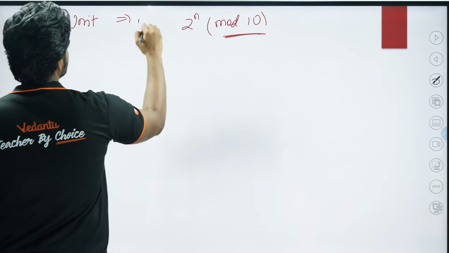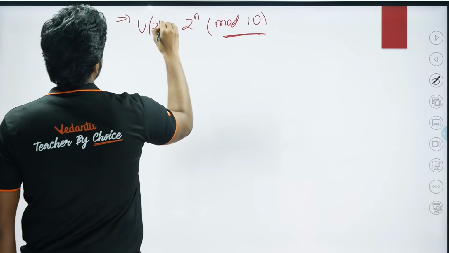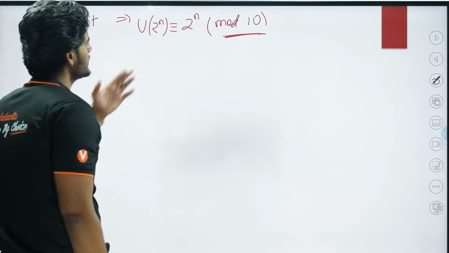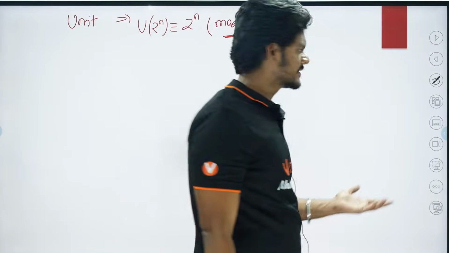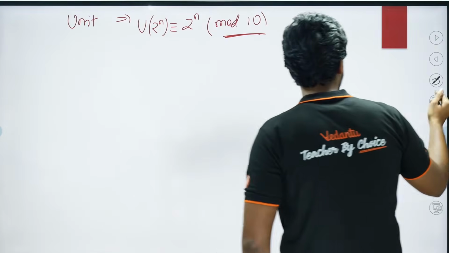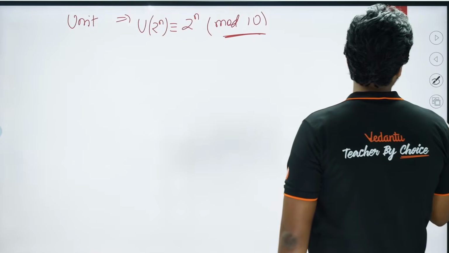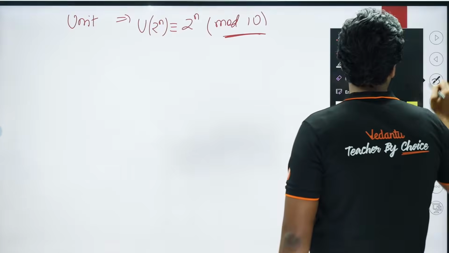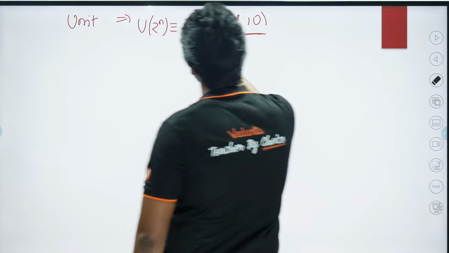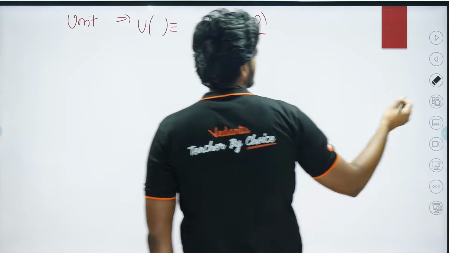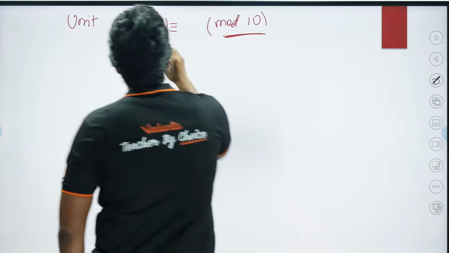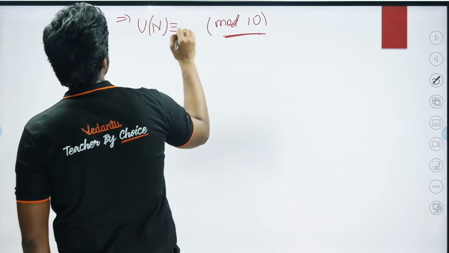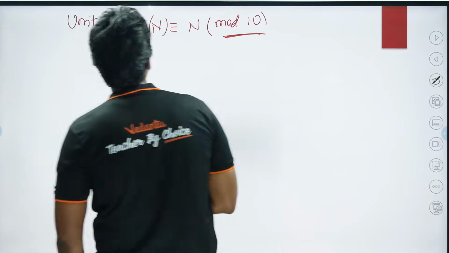Unit digit of 2 power n is congruent to 2 power n mod 10, isn't it? Unit digit of anything is simply the number mod 10, right? The positive number. So I can replace the 2 power n with anything of n is n mod 10, right?